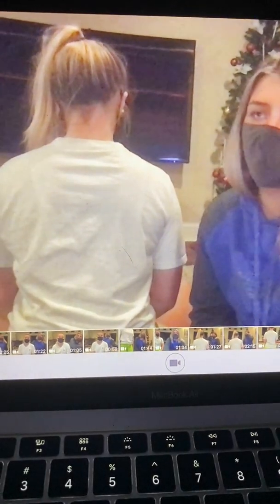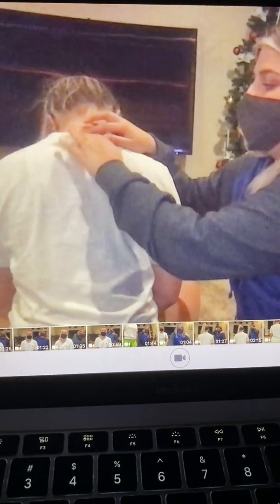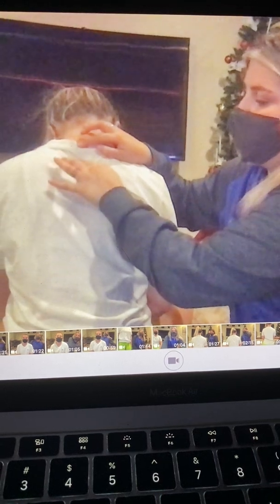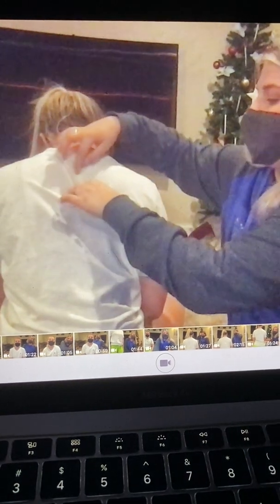Okay, so the next muscle is going to be the rhomboids. The origin is the spinous process of T2 to T5. So spinous process, can you look down? Here would be C7, T1, T2, 3, 4, 5. That would be the origin.